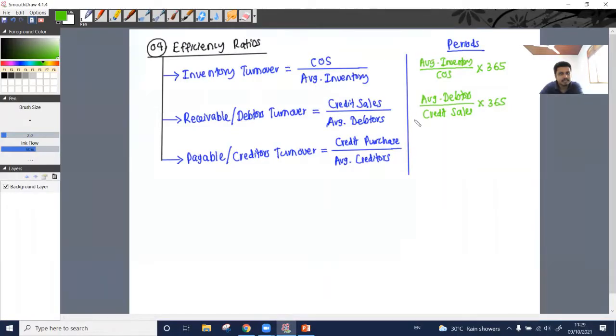Debtors collection period is how many days it takes us to collect the money after we sell goods on credit. When we sell on credit, a debtor is created. That debtor has to settle the relevant debt. So how many days does the debtor take to pay it off? Right? The general figure is provided using this. Average debtors over credit sales into 365. How many days does a debtor take to pay off its debts?